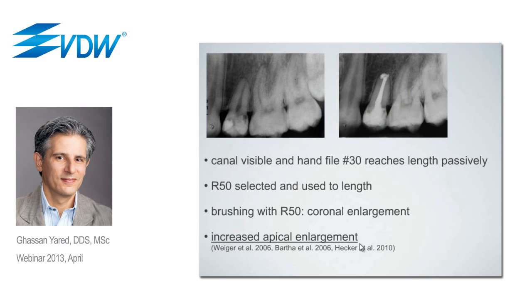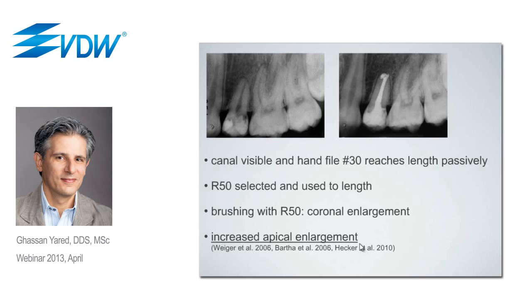This is another case that I showed earlier, where the canal is visible from orifice to orifice. A test was done with the hand files. The 30 hand file went very passively here, easily to the working length, and the R50 was used for the canal preparation exactly in the same manner.